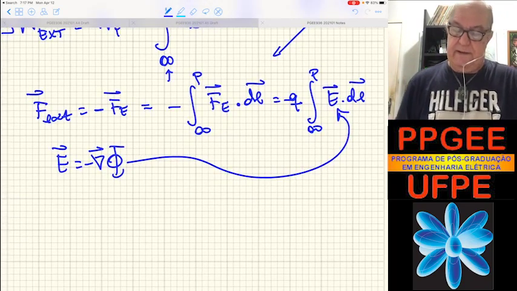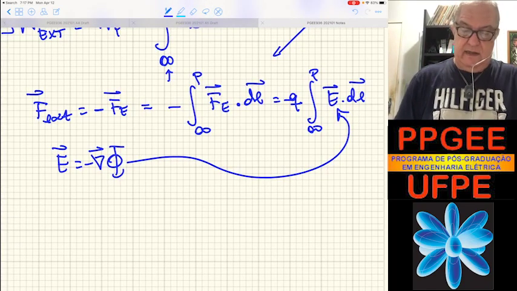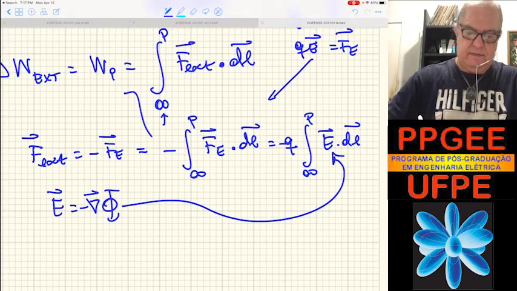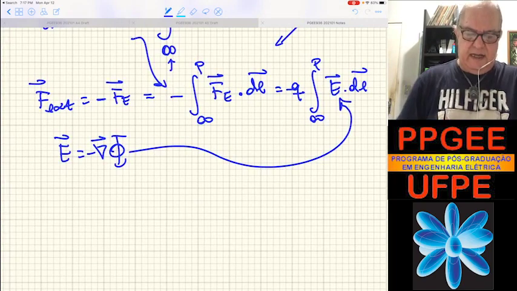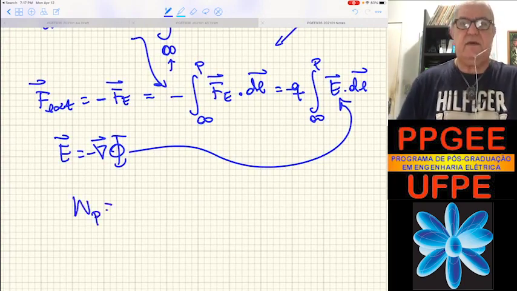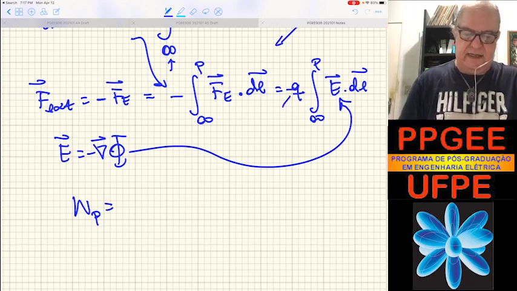So we have the energy, this comes from here, right? The energy at point P equals, this minus cancels these ones, you're going to have Q times the integral of the gradient of the potential dot dl.